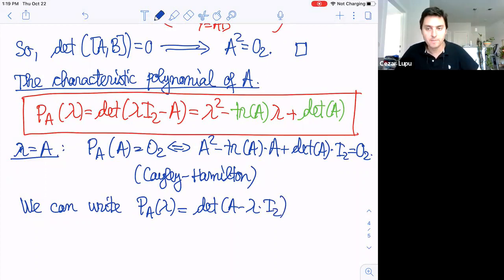So it doesn't really matter. For 3 by 3, we'll have a negative there. But anyway, you will see. Now, let me point out a remark.